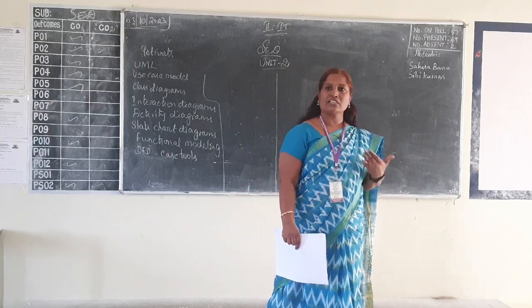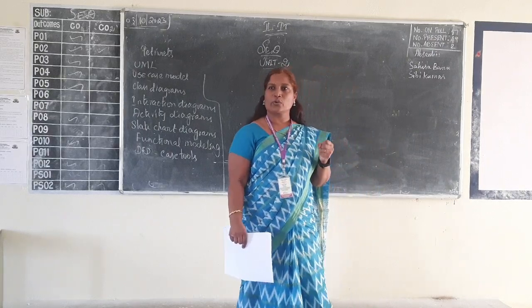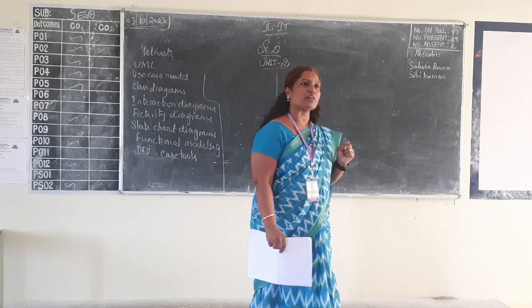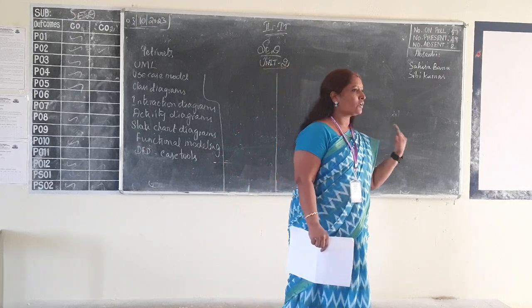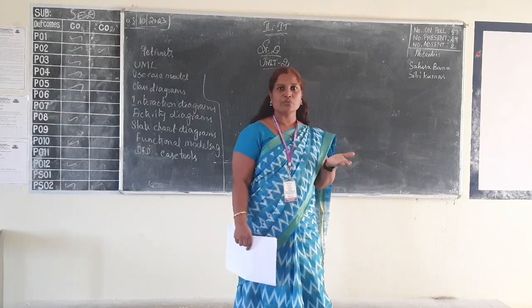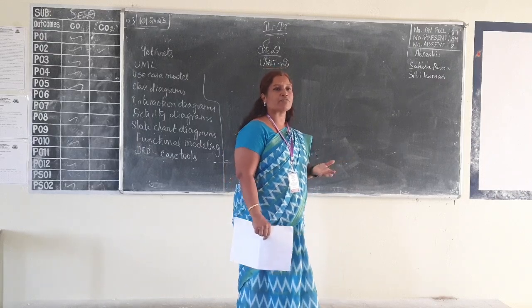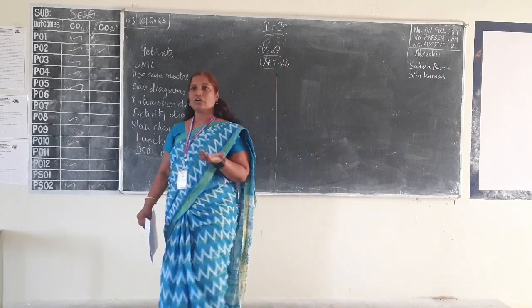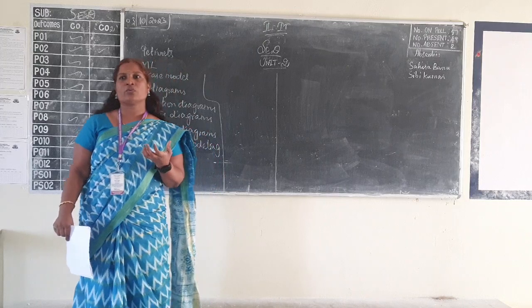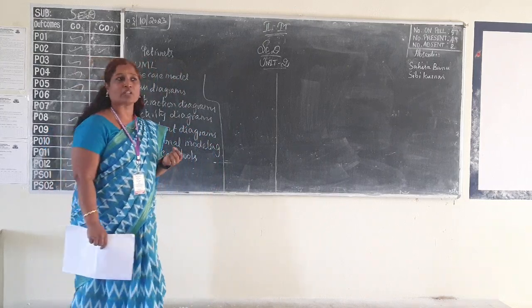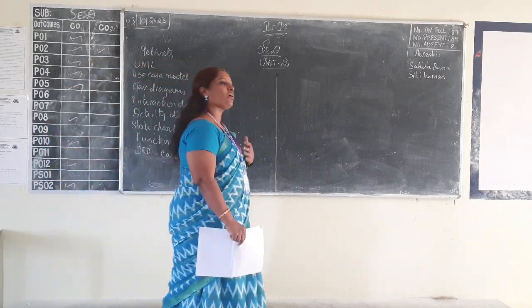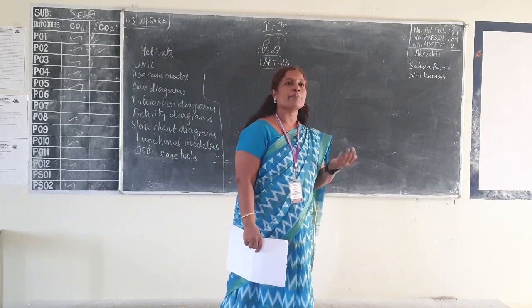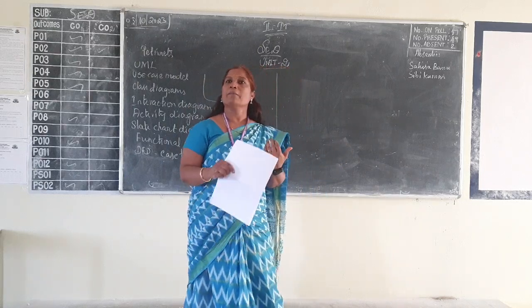We will get to know what are all the things required for the project, what are the needs and requirements of the user, and to give a solution for their problem, what materials, what information, what components you require. All those things you analyze and procure. Only then we can plan.